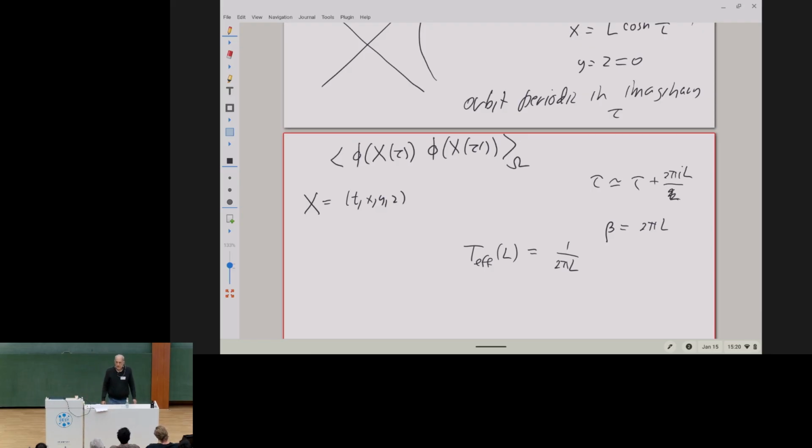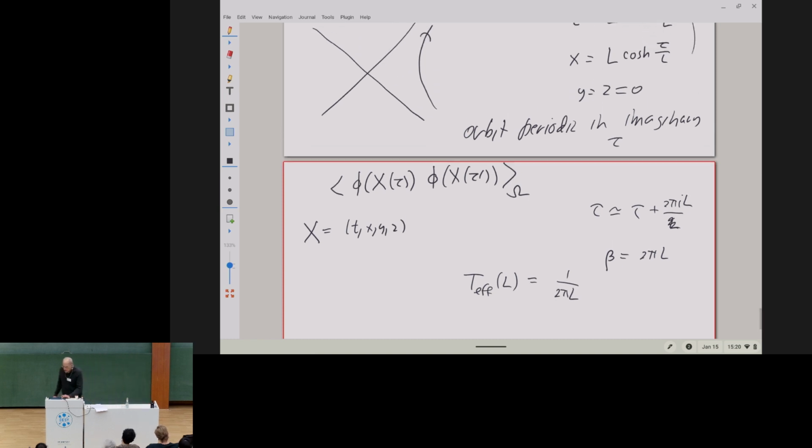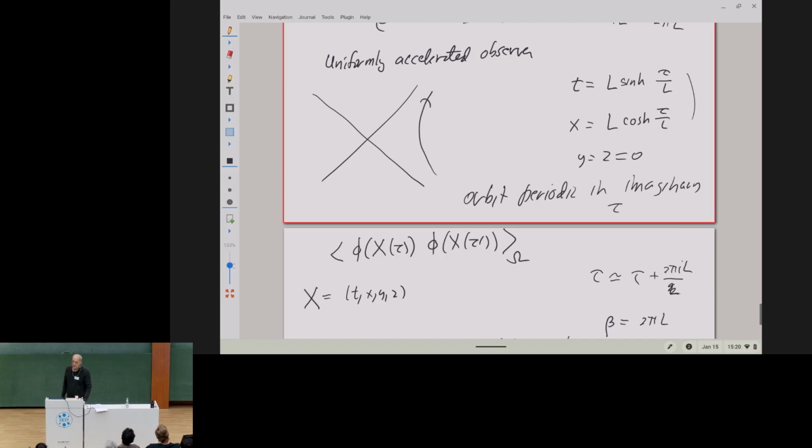So that's what we expected intuitively because this uniformly accelerated observer is always at a proper distance L from the origin. I explained that K looks like L times the ordinary Hamiltonian, but I explained it in a way that involved being at time 0. But actually, it's a Lorentz invariant statement.